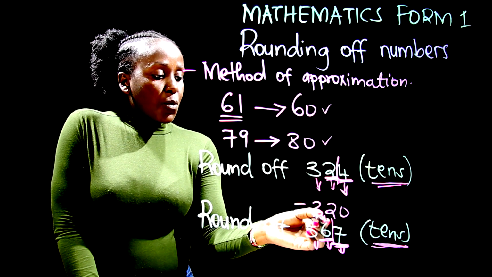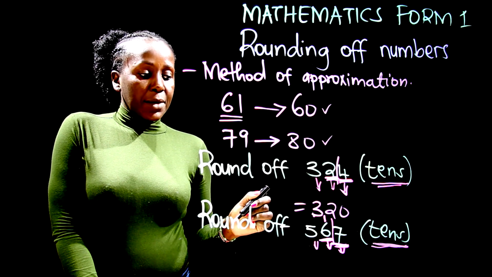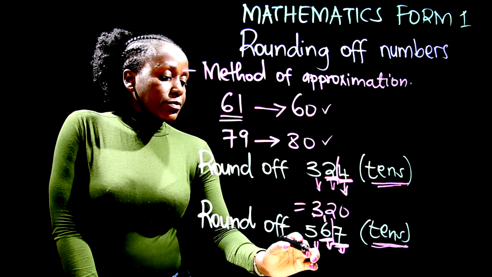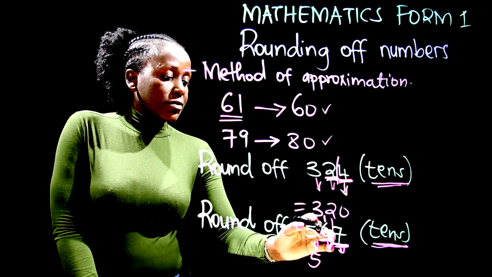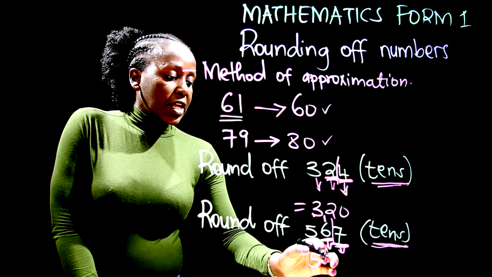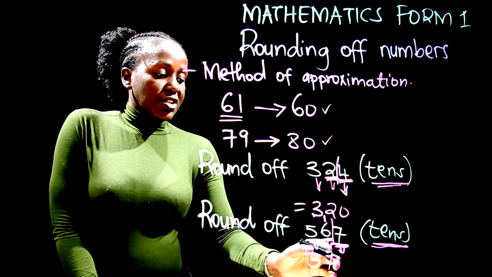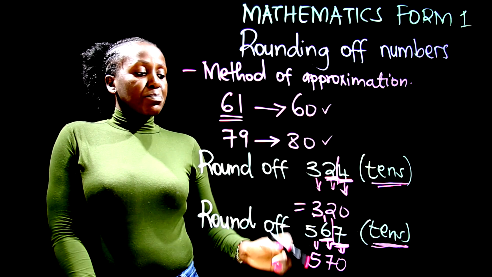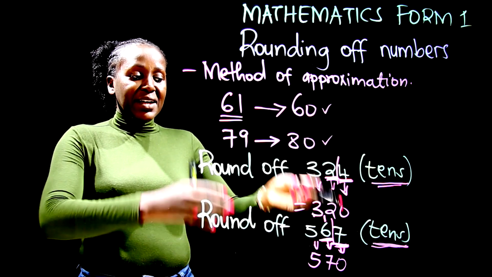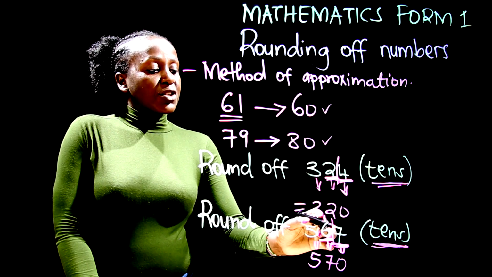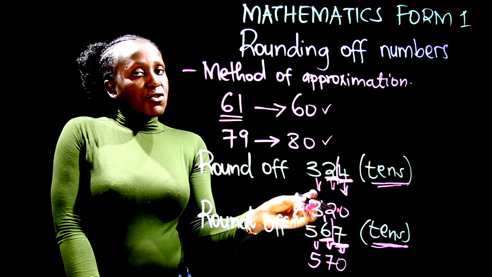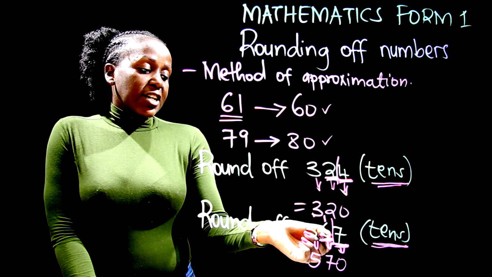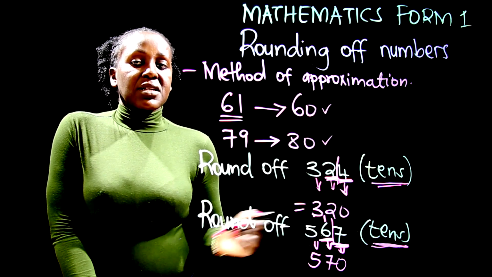That's why we are adding 1 to 6. 1 plus 6 is 7. And then this 7 is reduced to a 0 because it has been promoted from being ones into being tens. It has been promoted into a full 10, which has been added to the 60 to make 70.